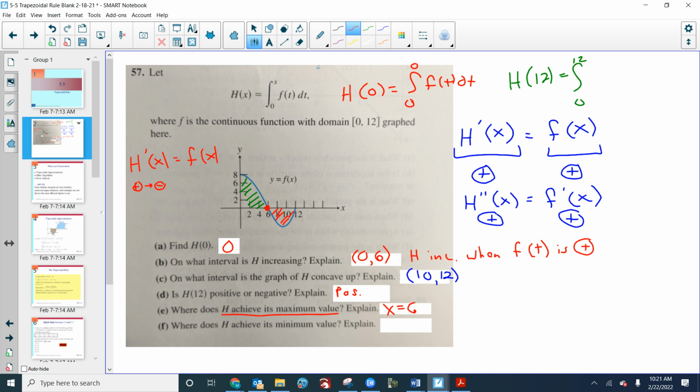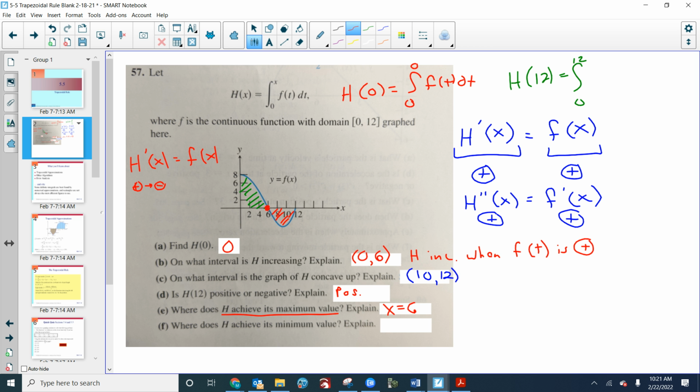Another thing to consider is, was there a maximum or a minimum at the endpoints? What's the value of h at 0? Well, we already did that. What's h of 0? 0.